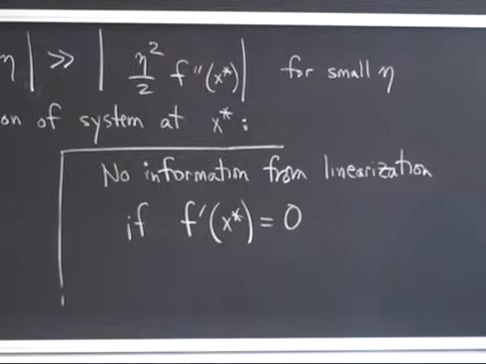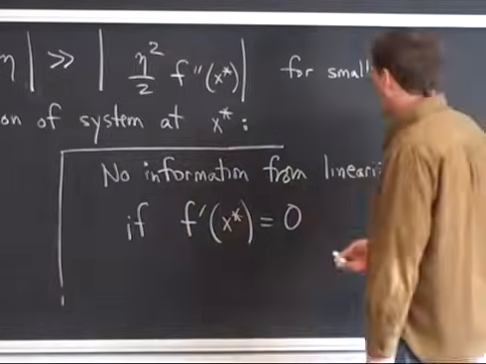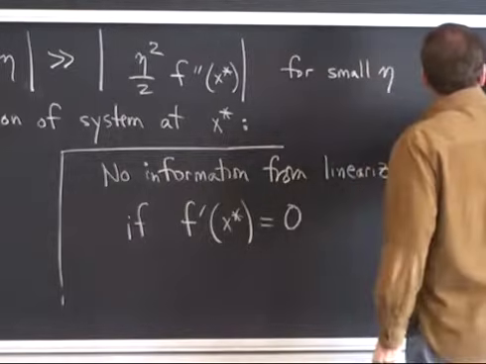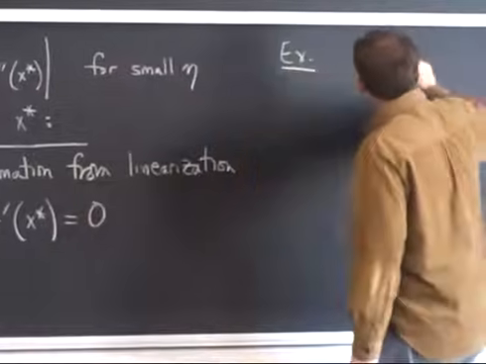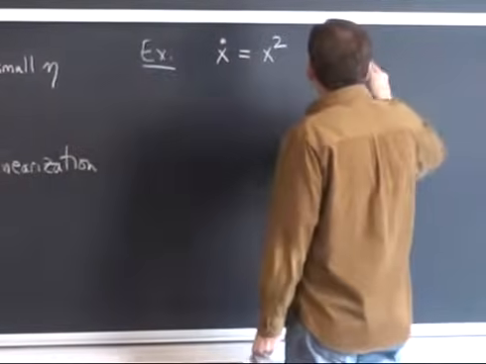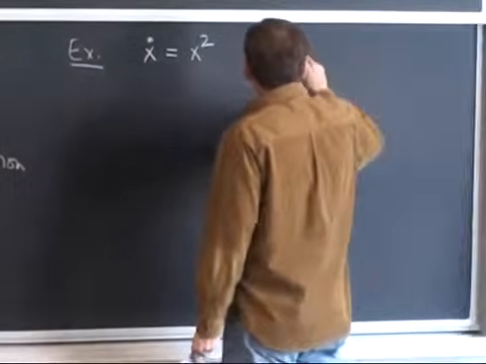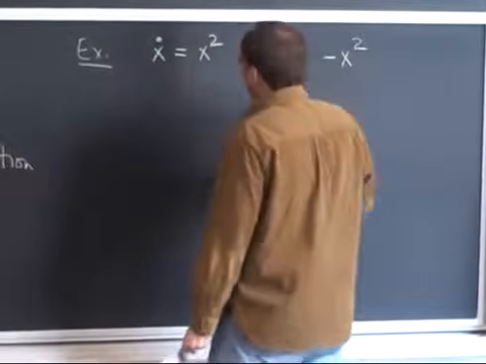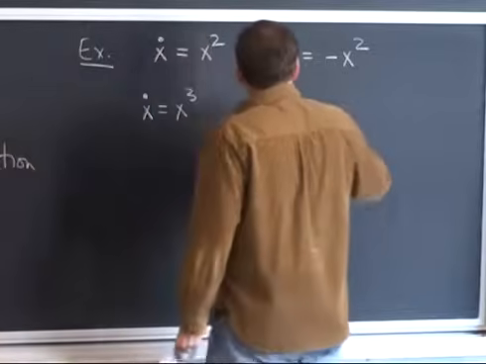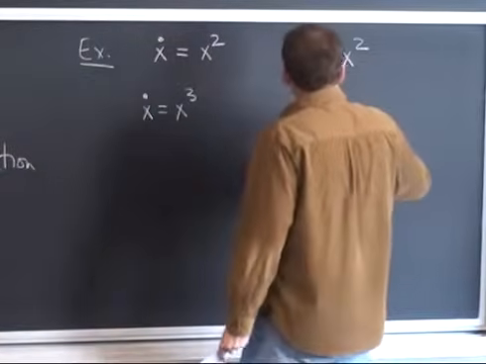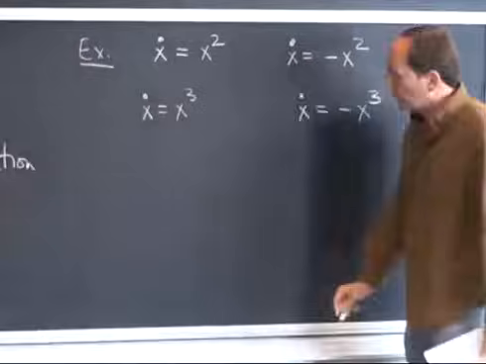So just to give you a few examples of what I mean by that, consider these 4 different systems. x dot is x squared, x dot is negative x squared, x dot is x cubed, or x dot is negative x cubed.